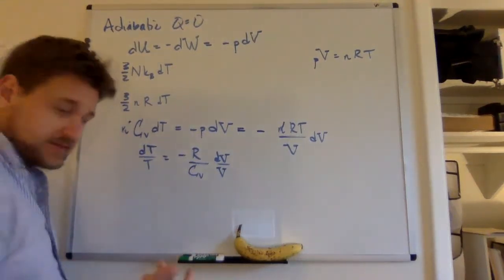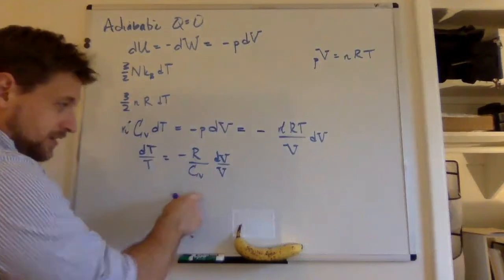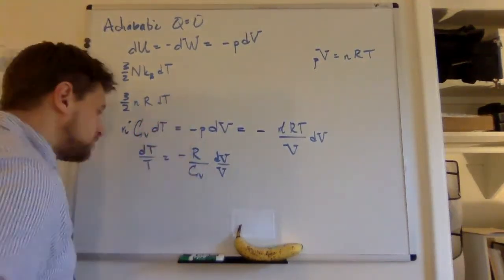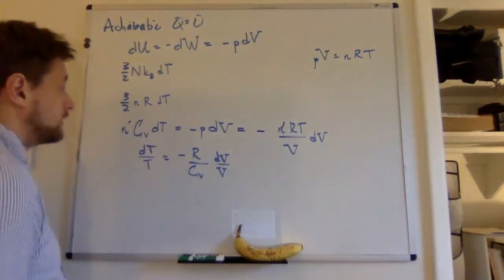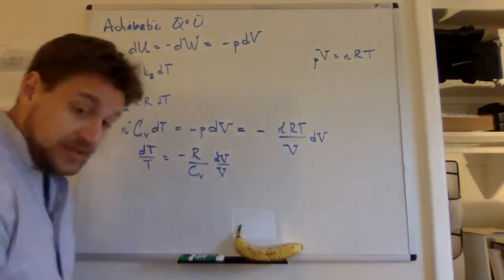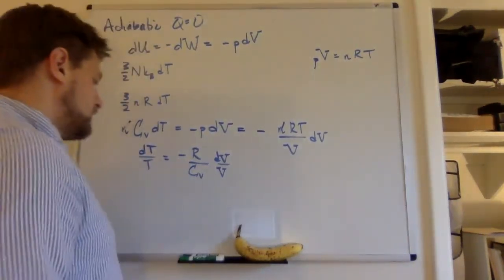It's tempting to just replace this with 3 halves R and then cancel, and we end up with 2/3. But we want this to be general for any working substance. It could be diatomic. I don't know.